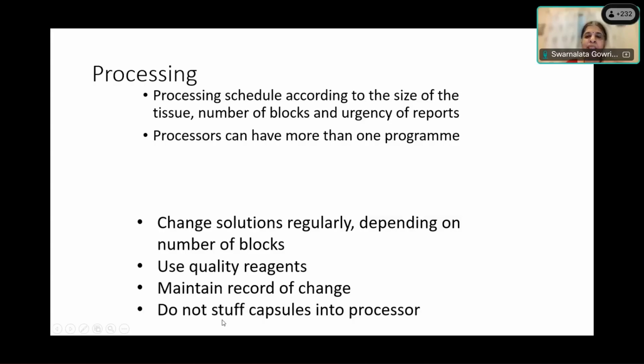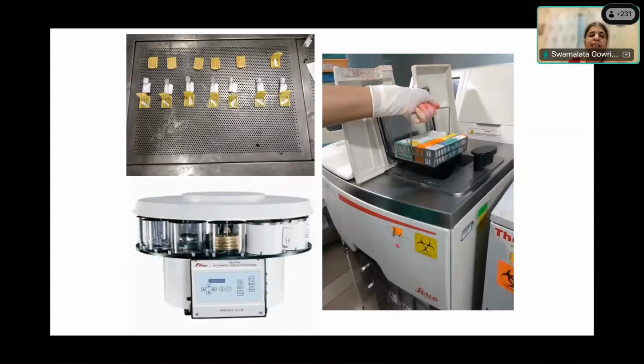And just like you don't stuff tissue into small capsules, you do not stuff those capsules into the processor. You should leave enough space so that there is solution available around those cassettes. So these tissue processors, you can have something like this, which sort of rotates.